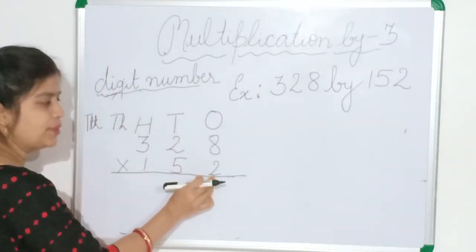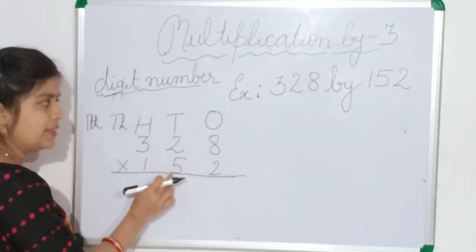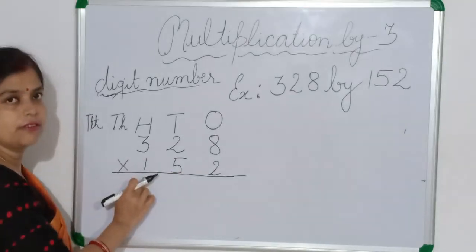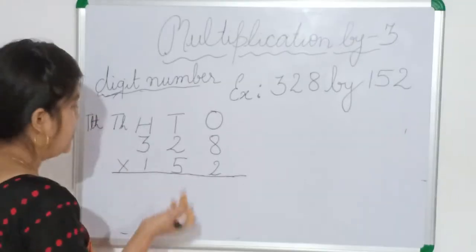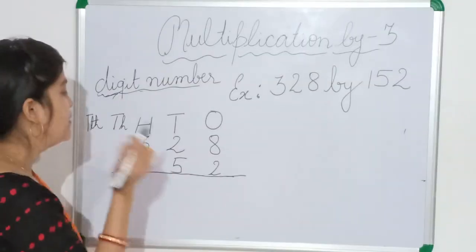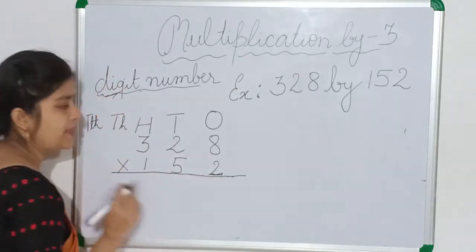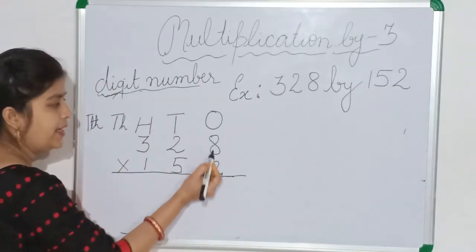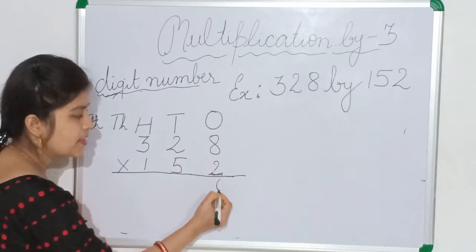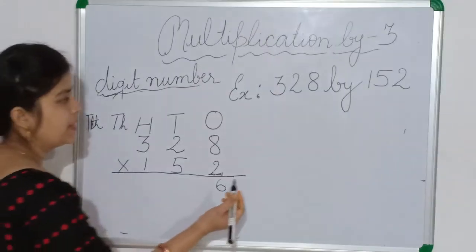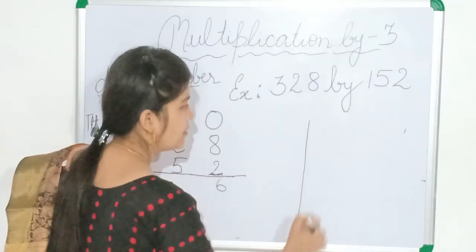First we are multiplying with 2 ones, then 5 tens means 50, and then 100, that is 100. So together only I am showing you here. First I will multiply with 2 which is in ones place. So 8 twos are 16. I will not write here, I will write somewhere else. I can write here rough.